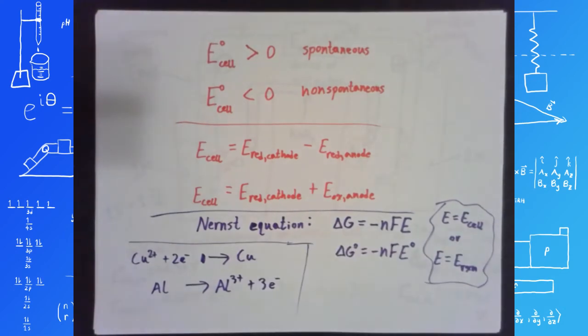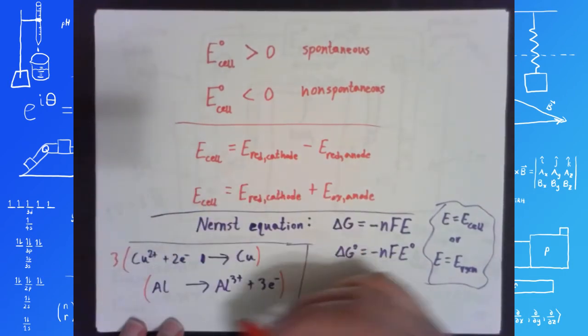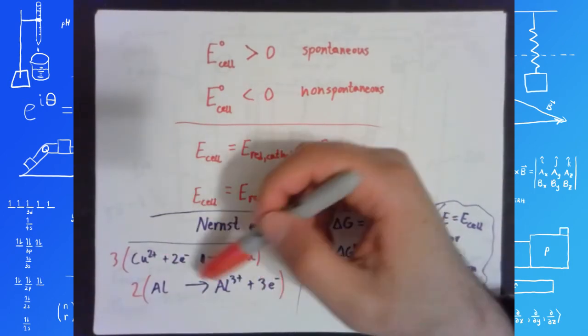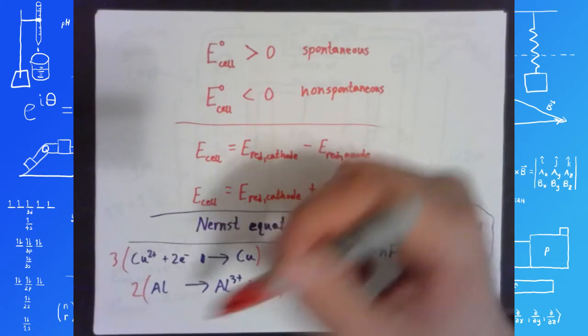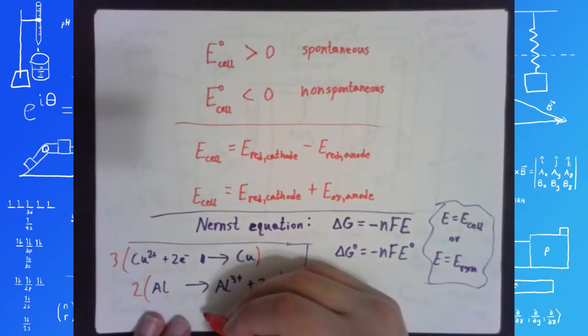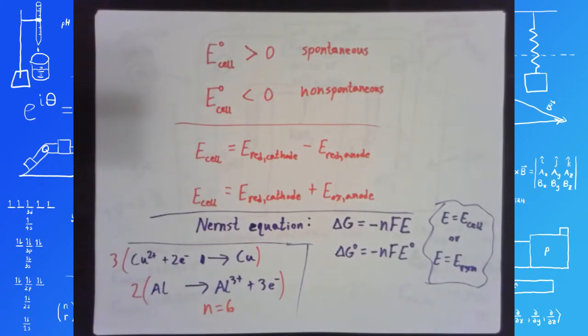Multiply the reduction half reaction by 3, and the oxidation half reaction by 2, and that'll result in 6 electrons on the left, canceling with 6 electrons on the right. So for this redox reaction, N equals 6. So N is the number of moles of electrons exchanged per run of the overall balanced reaction.